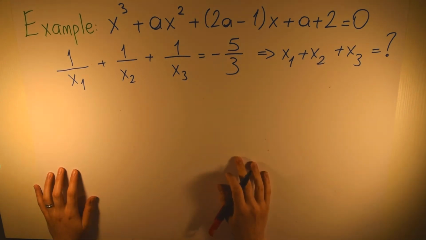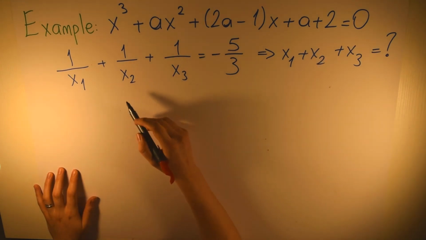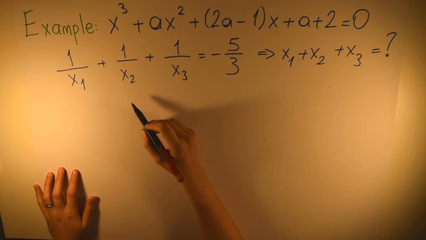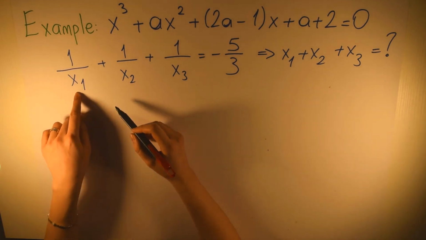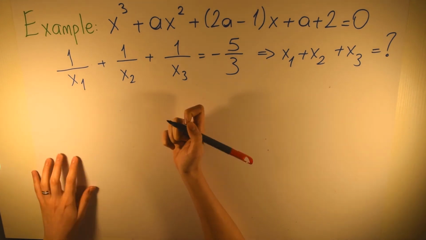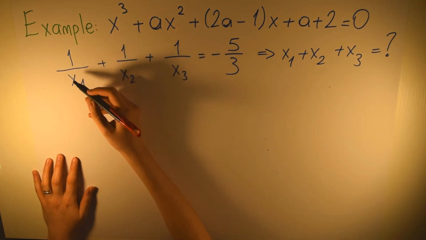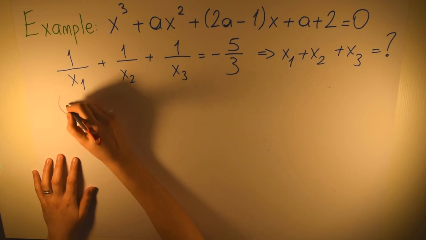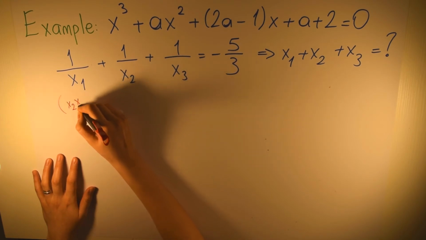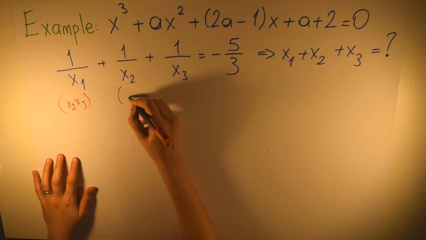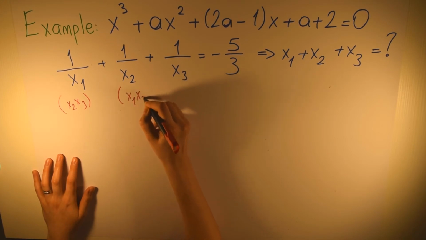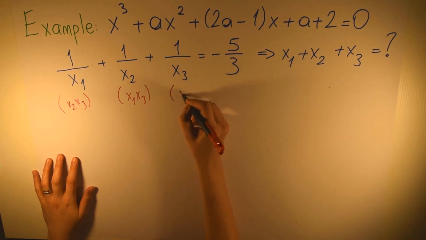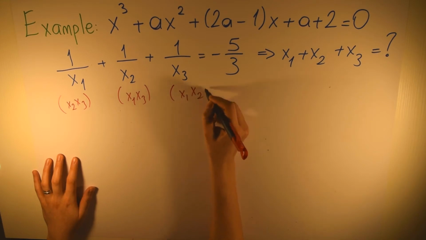So here, first let's find the common denominator. What is the common denominator? It is x1 times x2 times x3, right? So I should multiply the first fraction by x2, x3, the second by x1, x3, and the third by x1, x2.